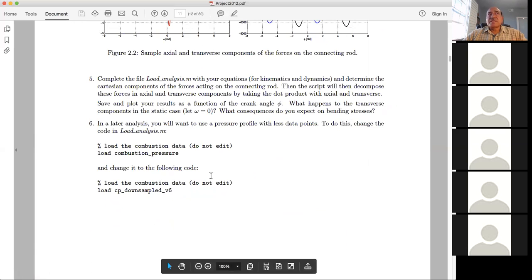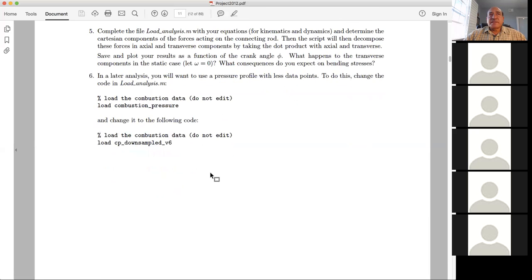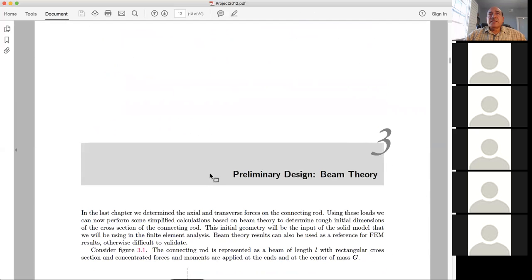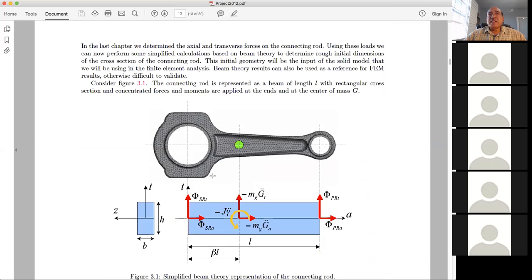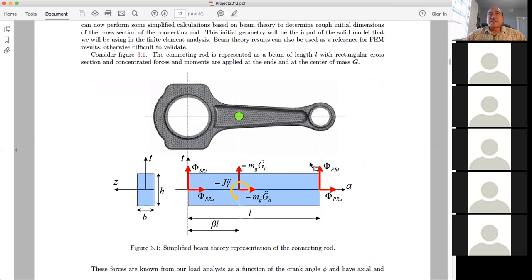You have to use this combustion data, and you can use it directly from the MATLAB code that you have, or if you have something better, you can do it. It doesn't matter at this point, but you have enough information now to construct this picture of the connecting rod.